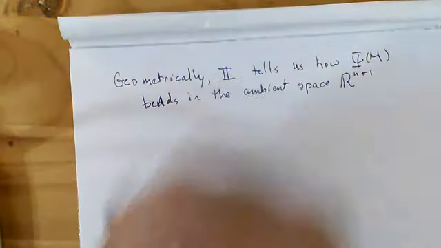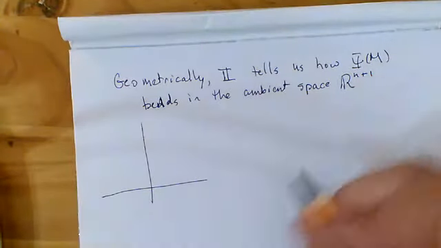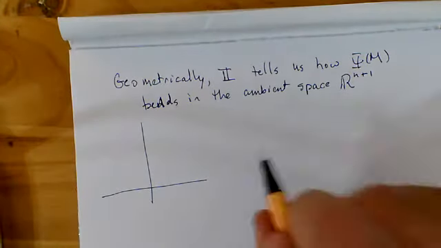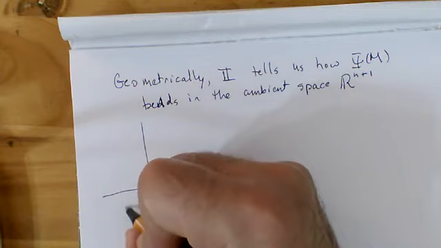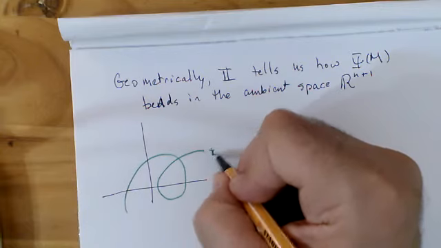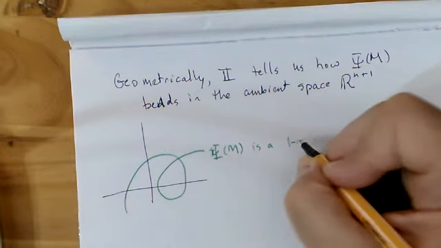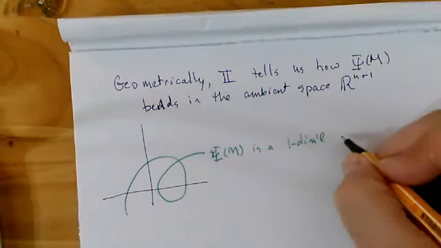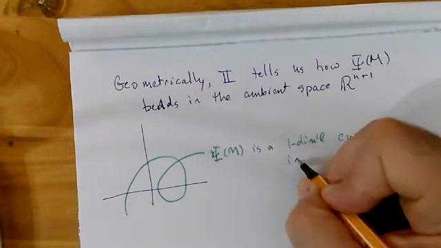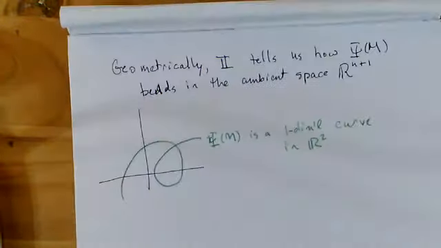This is maybe a little bit easier to think of just with a curve. So let's think of just the case where n is equal to 1 for a minute. So here's my curve in R^2.